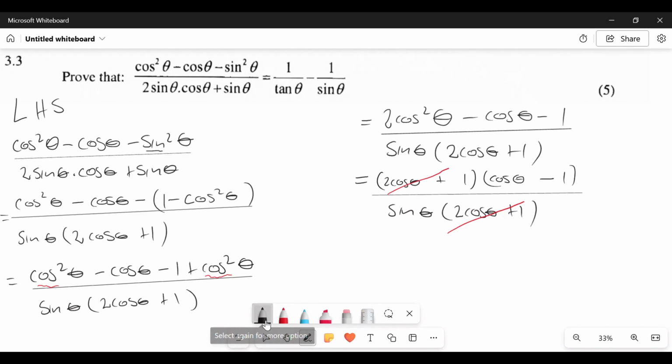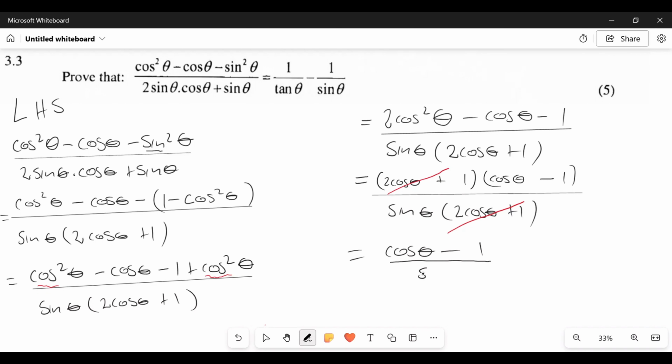The numerator, we are left with cos theta minus 1, and then both of these are divided by sine theta. Now you can separate this. Let me just separate them very quickly. You can write it like this: cos theta divided by sine theta minus 1 over sine theta.